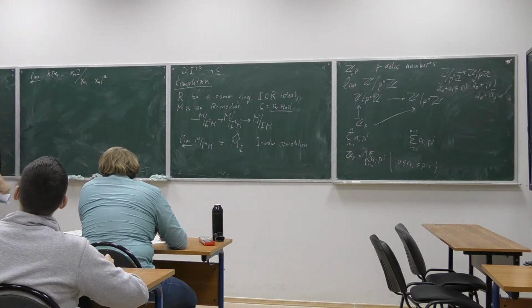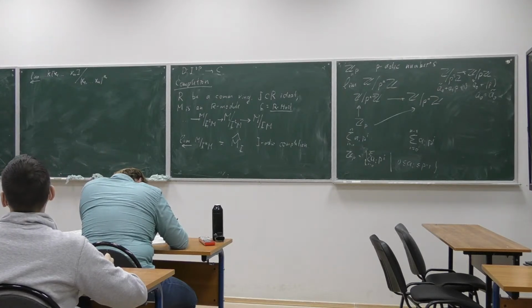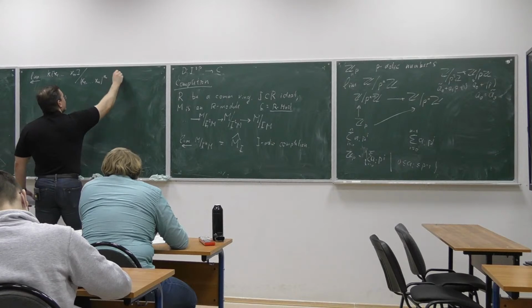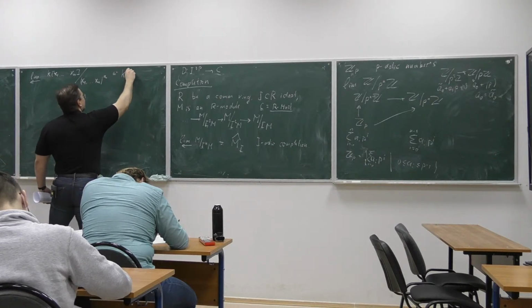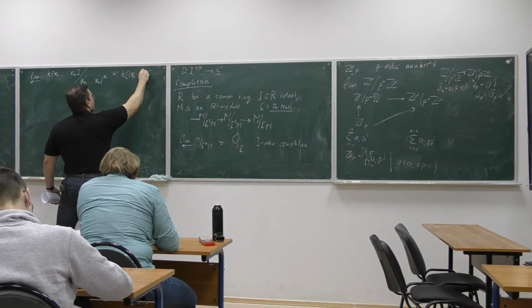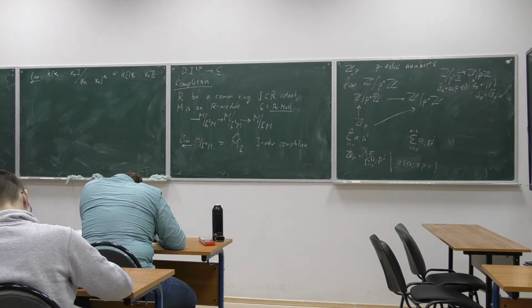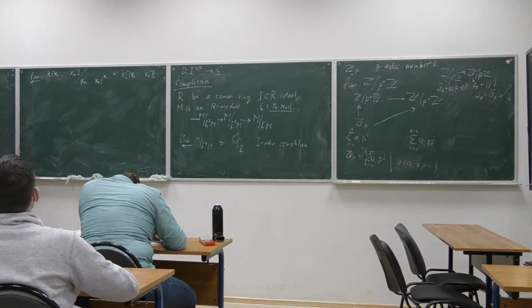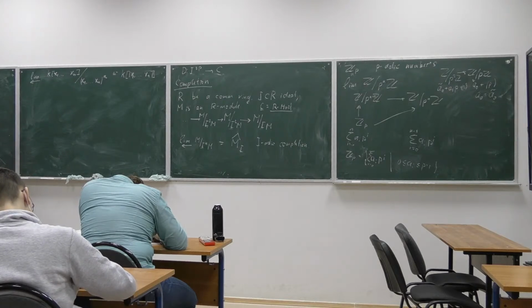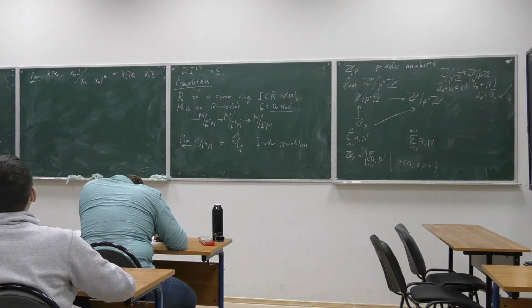So what's the limit in this case? The reason for this is more or less the same as in the previous example. Anyway, I'm going to leave this as an exercise. Maybe if you have time, we do this in the seminar. Okay, these are examples.